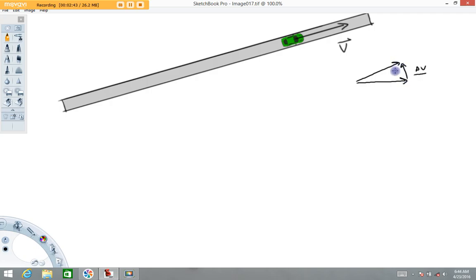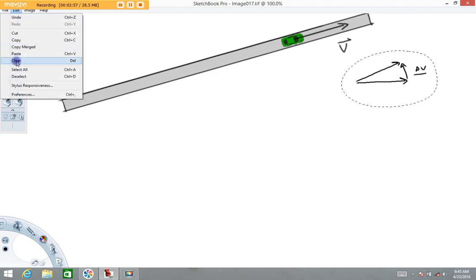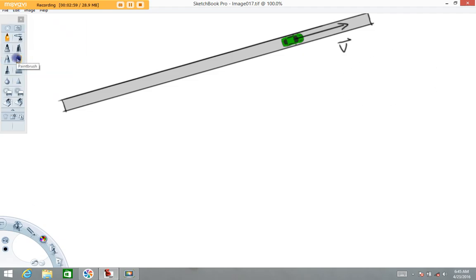Now we're going to take some time here and actually go through and calculate all the types of accelerations we can for this car. I'm going to get rid of that, and define a coordinate system right at the center of rotation.